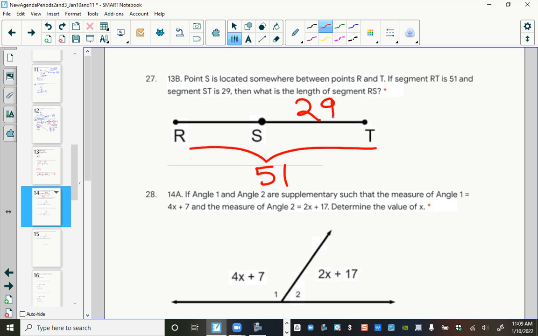No, you gotta be careful. Look at what's the overall distance versus what's the smaller. So it's going to be 22. Now, on the last page, one more time, supplementary angles. Supplementary angles must add up to what number? They add up to 180.